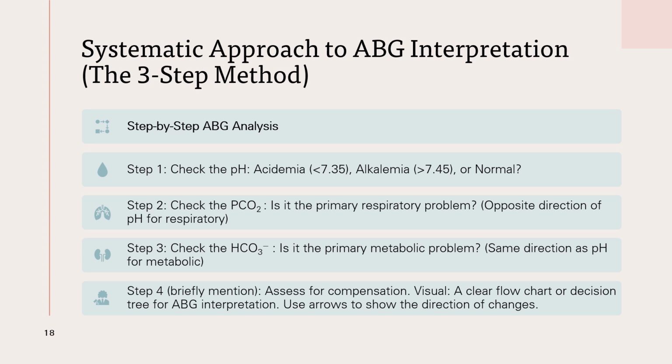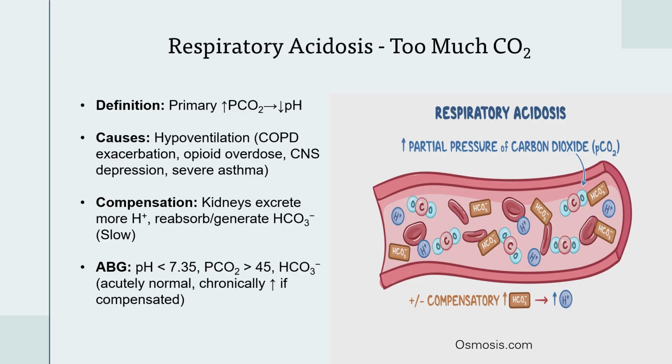Now, if we look at each one of those disorders, there are four of them. One is respiratory acidosis. Again, acidosis means that the pH is down, right? The pH is going down. If the pH is going down, that means there's not much carbon dioxide coming from the left side of the equation, right? Not much carbon dioxide here, so the hydrogen ion concentration is low. So pH is down, right?